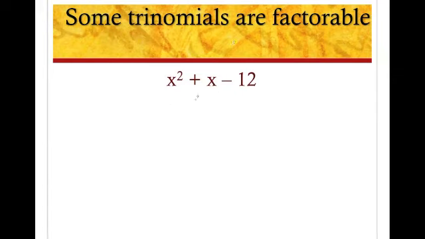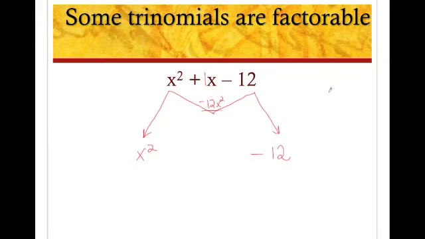Here's another example. First step, bring down our first and last terms. Multiply the first and last. Again, we're looking for what multiplies to give us a negative 12x squared and adds to give us a 1x.